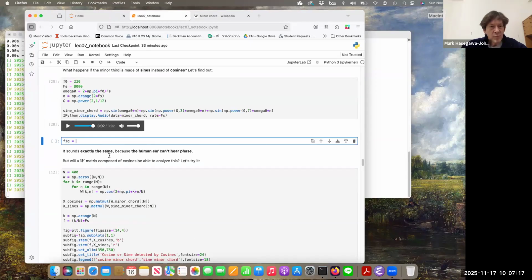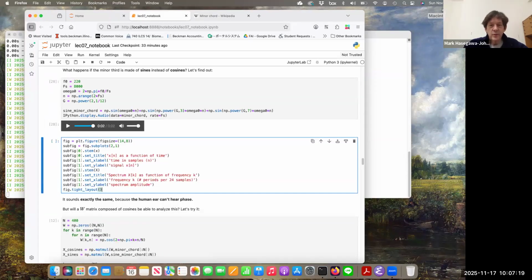Let's plot, this will be the minor chord. We'll plot it for the first 4,000. Let's plot it for just the first 400. And then let's plot the sine minor chord as a function of time in samples.